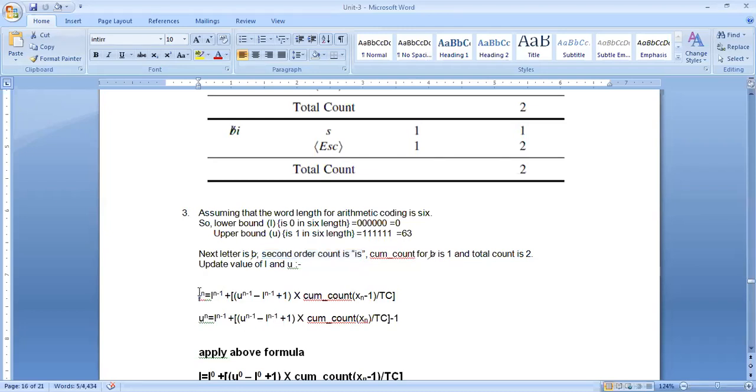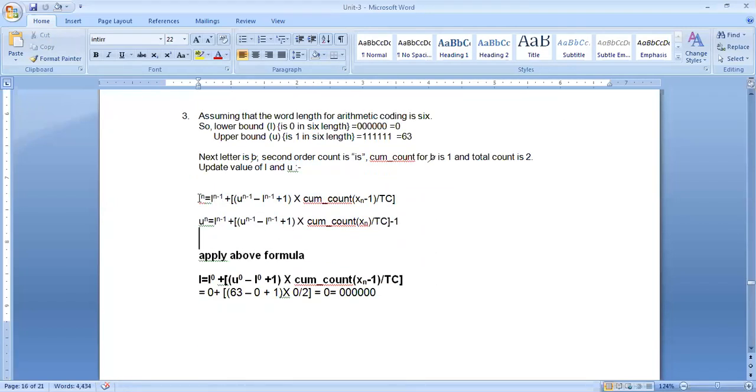So here is the formula for lower bound and this one is the formula for upper bound. What is the formula? Look at this.